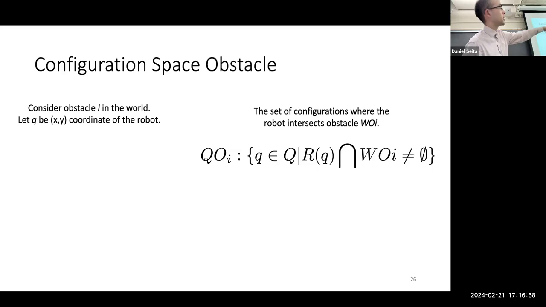Now, R(Q) is all the possible points that the robot occupies. We intersected it with the points in this obstacle. So it's non-empty, right? It's not equal to the empty set because we have this region here, so this value of Q is inside that set.